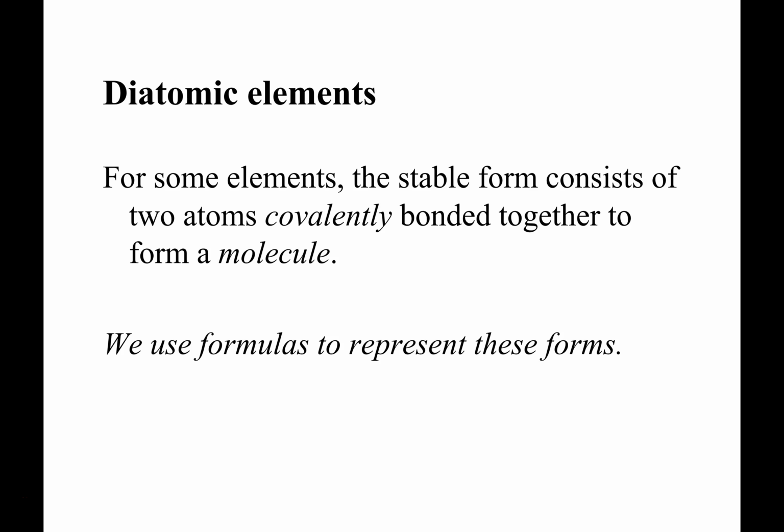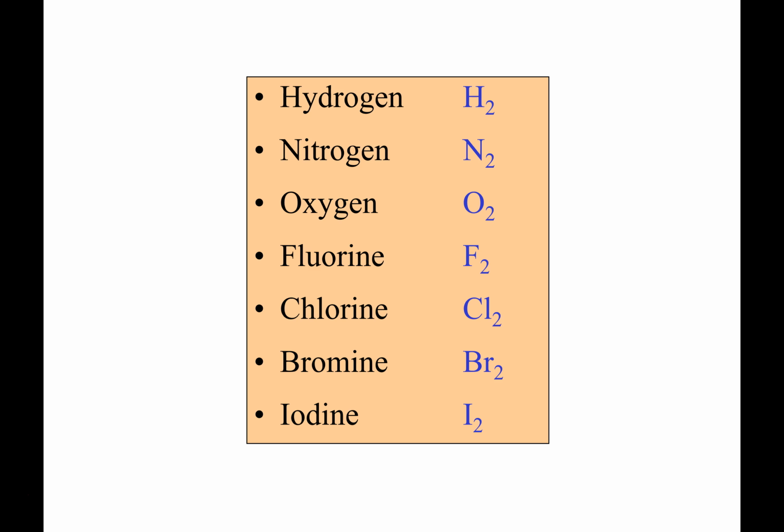So there are 7 elements that actually like to have another atom of the same sort together. They always go in pairs. They're diatomic elements. And for that reason, we do a little subscript of number 2 and make a little formula to show the molecule. So here are the 7 diatomic elements. These are listed by increasing atomic number.